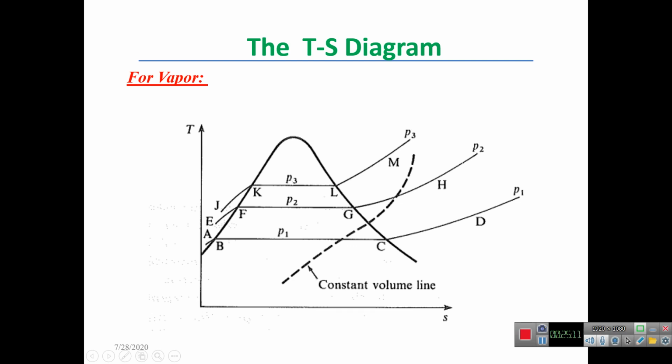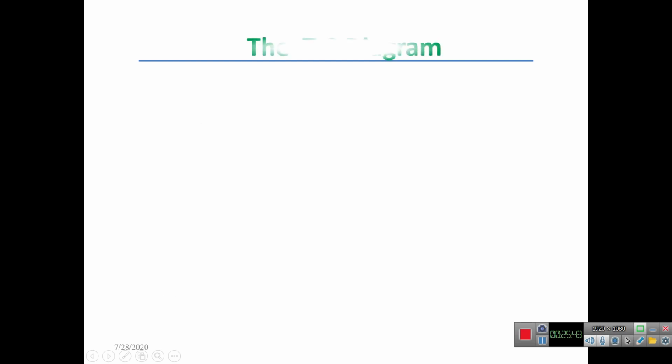So to the left of this line the substance is in the liquid state. Now from the critical point sloping down on the right side, we have what is known as the saturated vapor line, or the dry saturated vapor line. To the right of this line we have what we call superheated substance. In between these two slopes we have what we refer to as wet substance.